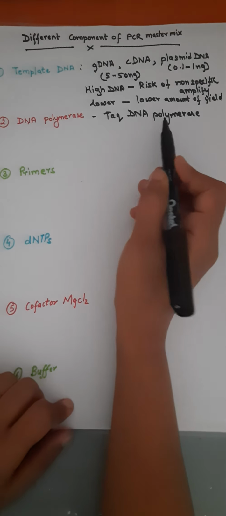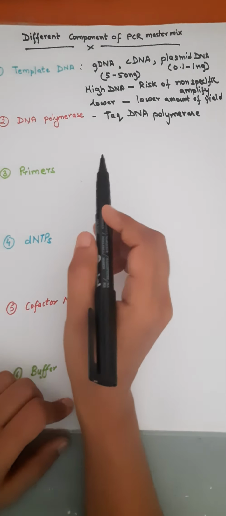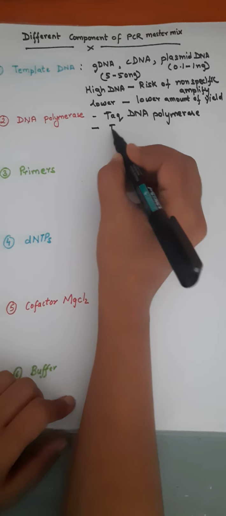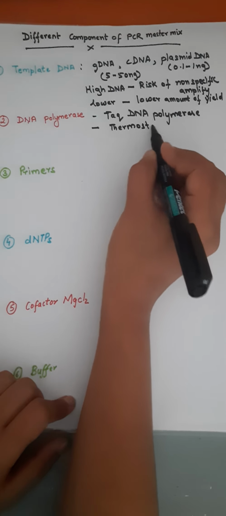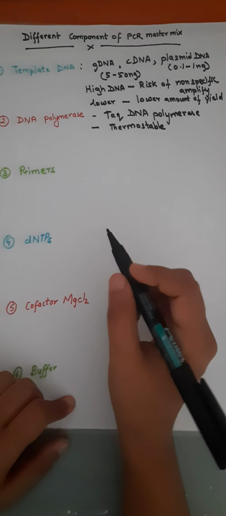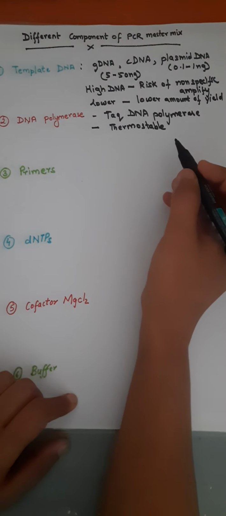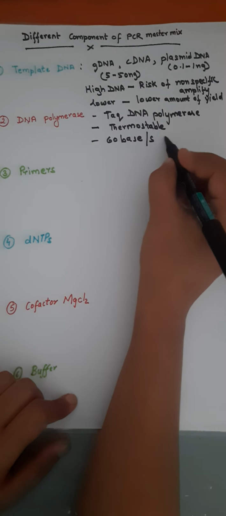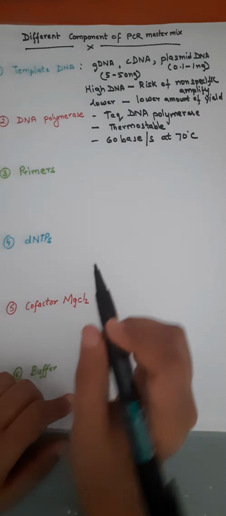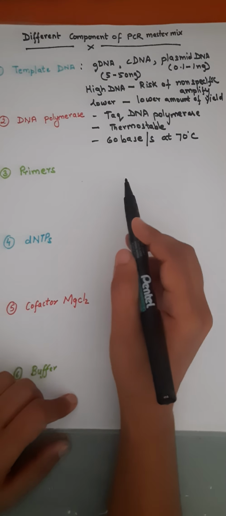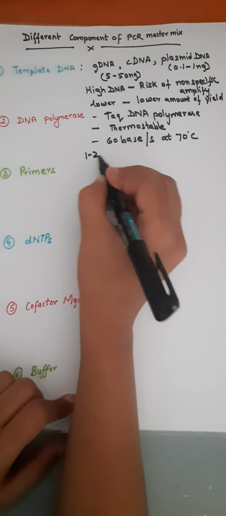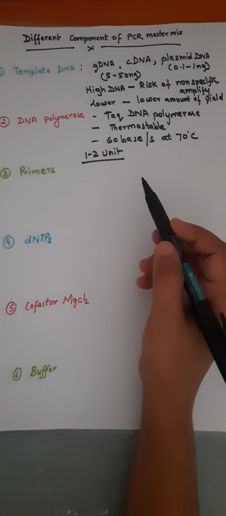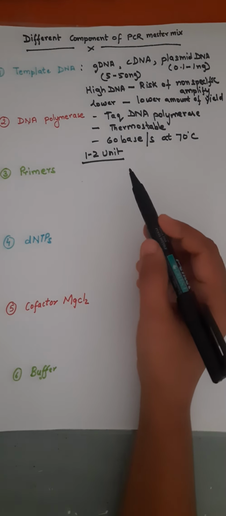The main property of this polymerase is that it is thermostable, so it can withstand high temperature, and it can incorporate nucleotides at a rate of 60 bases per second at 70 degrees Celsius. In general, in a 50 microliter reaction, around 1 to 2 units of the DNA polymerase are required. This is the general concentration that is recommended for the polymerase.